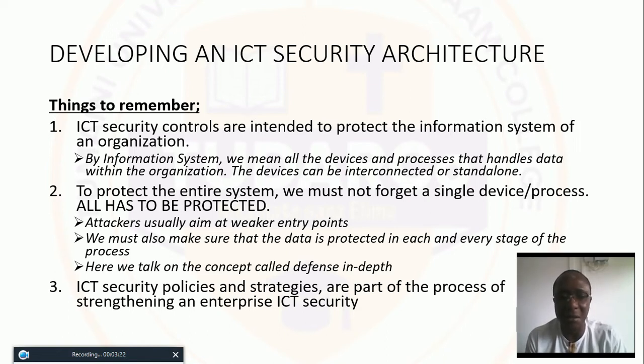Attackers normally aim at the weaker entry point. No attacker can aim somewhere which is robustly protected. They have to look for the weaker points. So you have to make sure that all have been protected, not only protected but well protected.